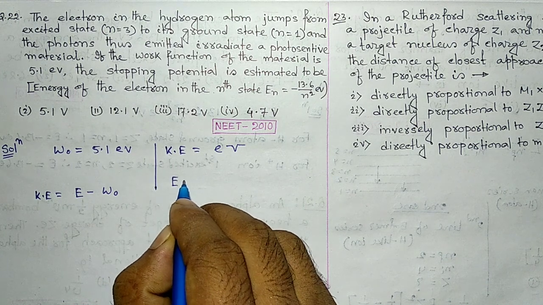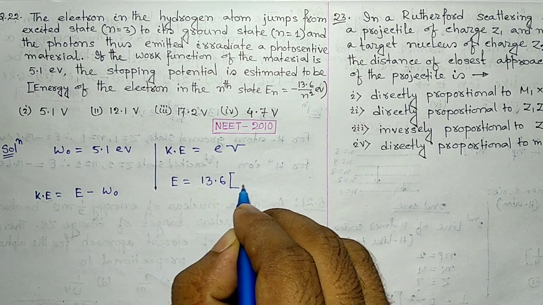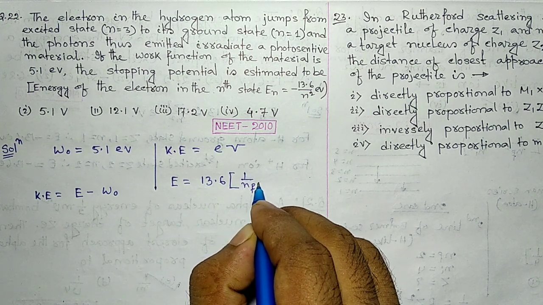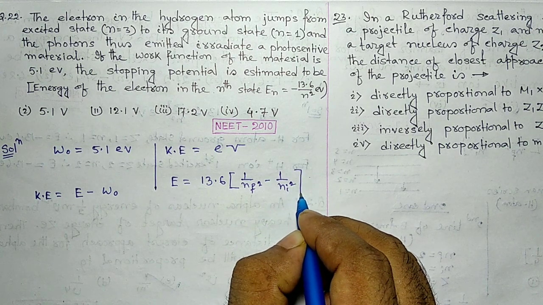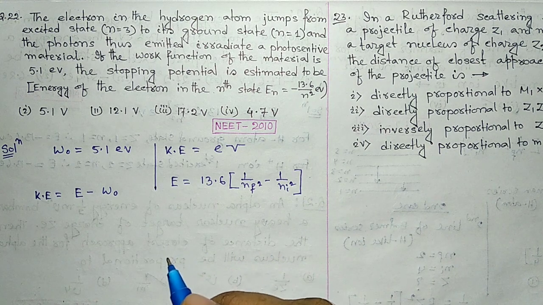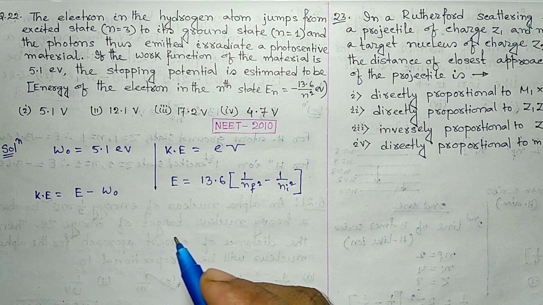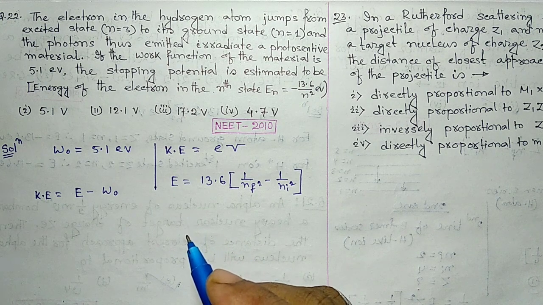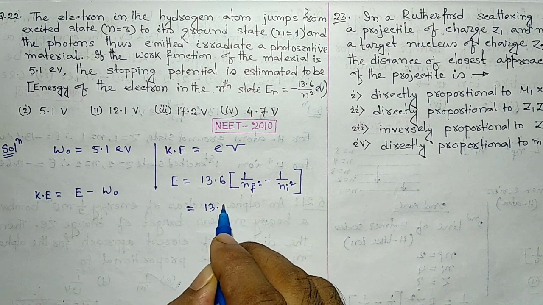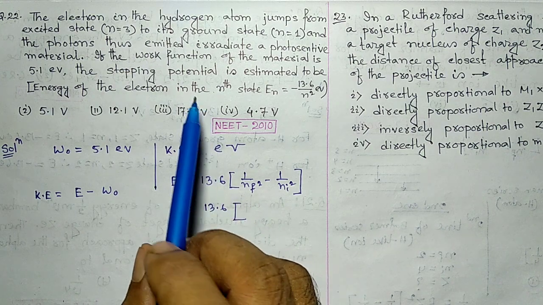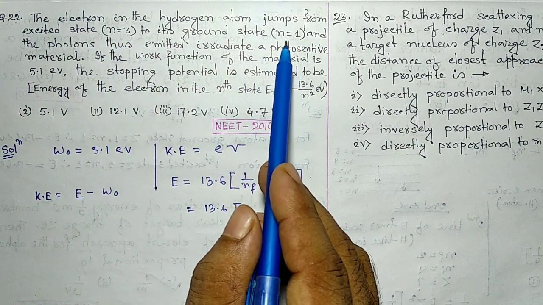So E is equal to 13.6 into 1 by nf square minus 1 by ni square. Similar type of question was already asked in NEET previous year, already we discussed. The electron in the hydrogen atom jumps from excited state n = 3 to n = 1.